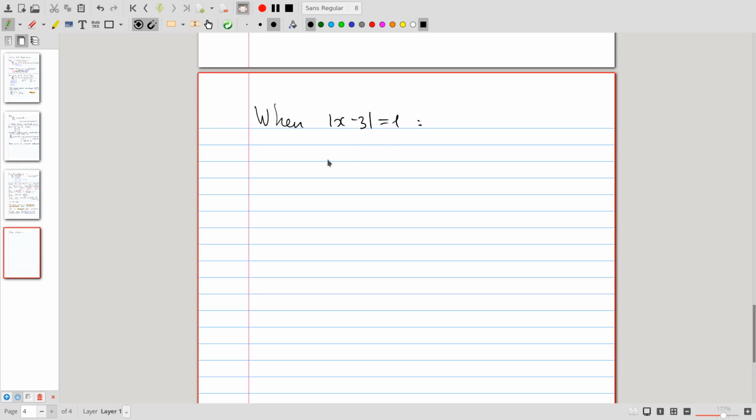So what are such values of x? Well, there are only two values of x which satisfy this relation. We have either x equal to 4 or x equal to 2. So these are the only x's which satisfy this relation.